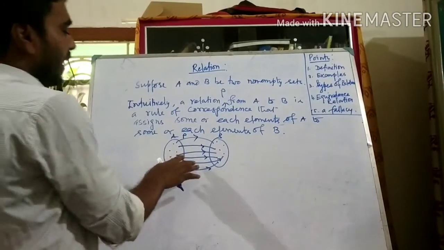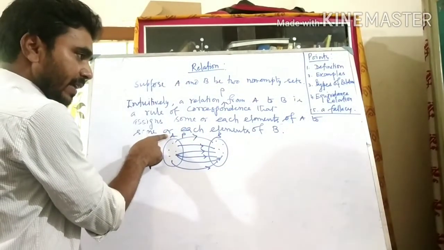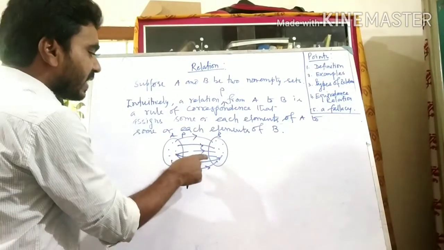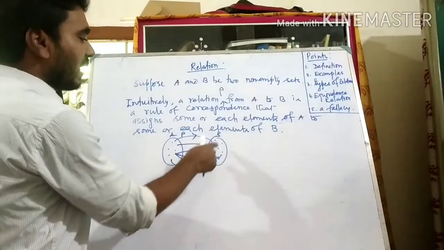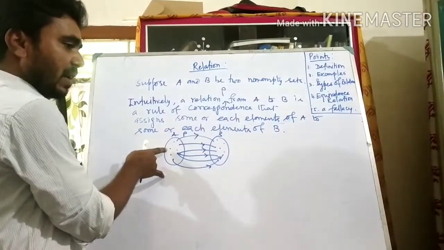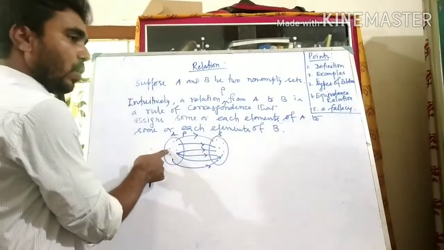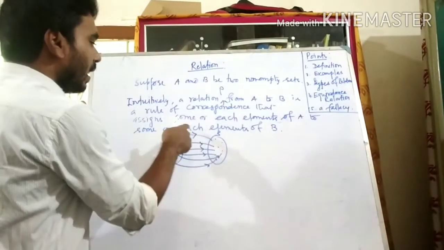So it may happen that an element of A is related to more than one element in B. It may also happen that there may be some element which is not related to any element of B under this relation.